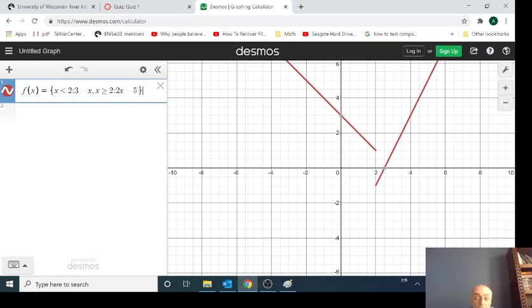And then we close the curly braces, and that's my graph of my particular function.